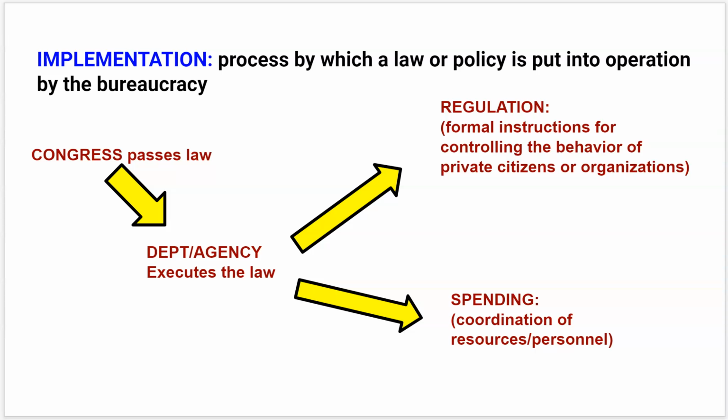So let's talk implementation for a second in terms of what is actually happening here. Now, implementation, this idea that you're taking the bill that Congress passed, that the president signed into law, and you're putting it into actual rules that you then will publish, and you'll get public comment on, which members of Congress can comment on, because this is the first time they're seeing the law actually be formulated into actual rules that society has to follow.